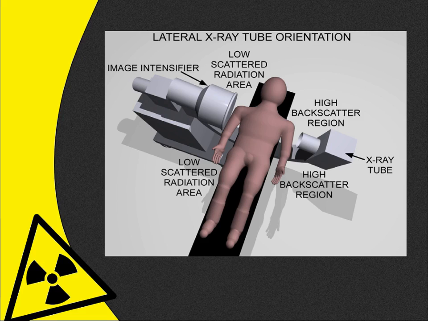The higher backscatter region is if you stand just beside the tube, then you will get the higher scatter. But if you stand behind, in the area which goes here, the low scatter radiation area, the radiation received by the staff personnel or radiographer will be reduced.